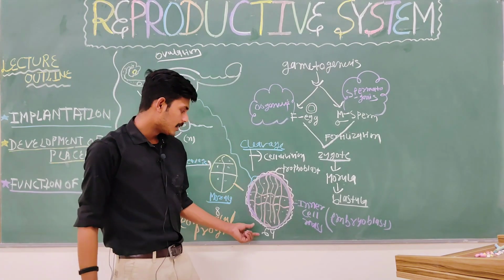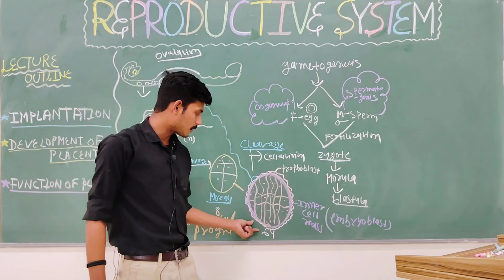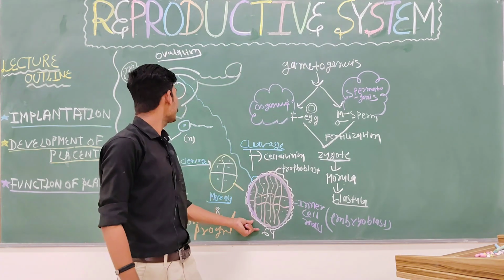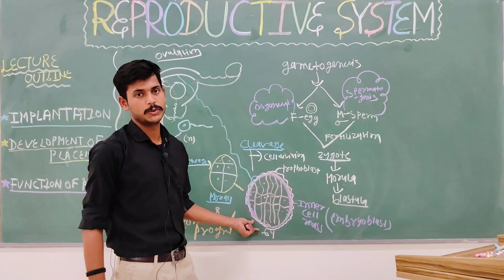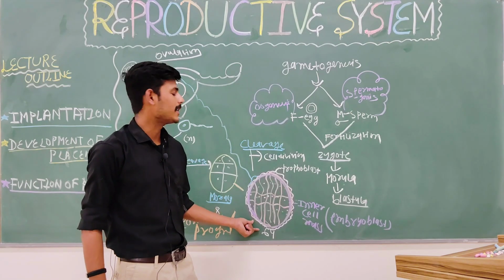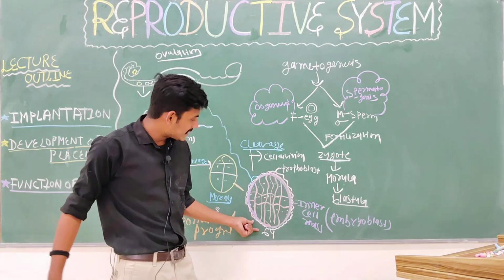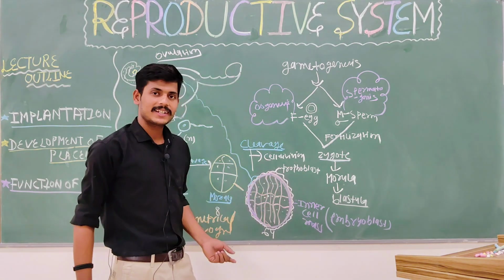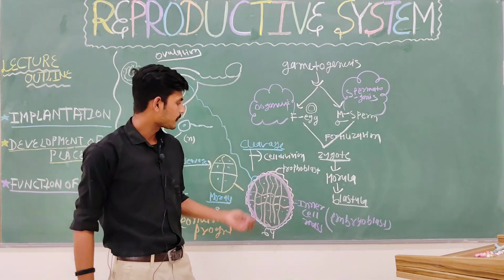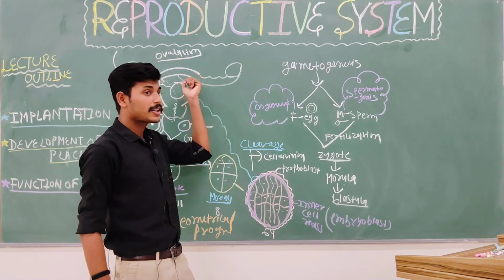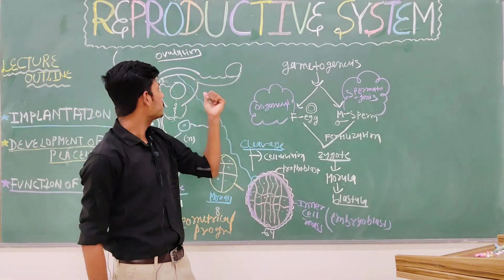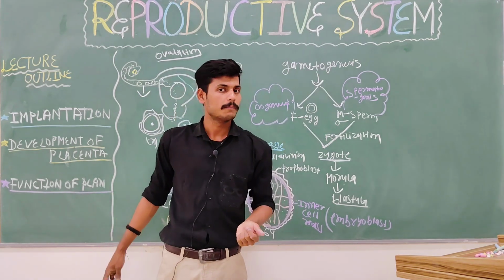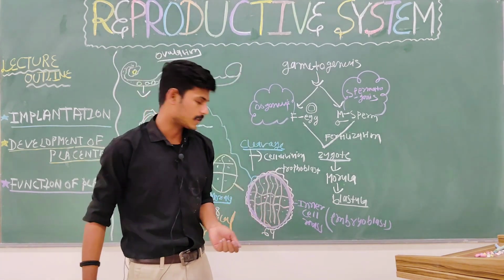This is the layer which is going to make a harmonious relationship with the endometrium lining of the uterus, and later in this lecture you will see that this 64-cell structure, the blastula, will make a strong relationship with the endometrium by the formation of placenta, and the process is called implantation.